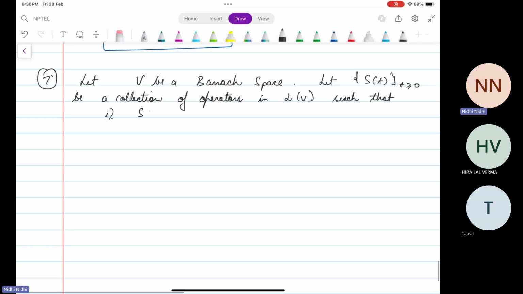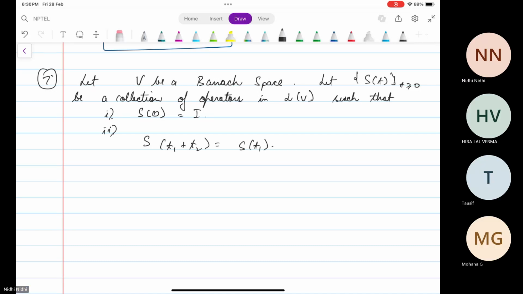Number 1: S(0), for t equal to 0, is the identity map. Second, S(t1 plus t2) is equal to S(t1) times S(t2) for every t1, t2 positive.